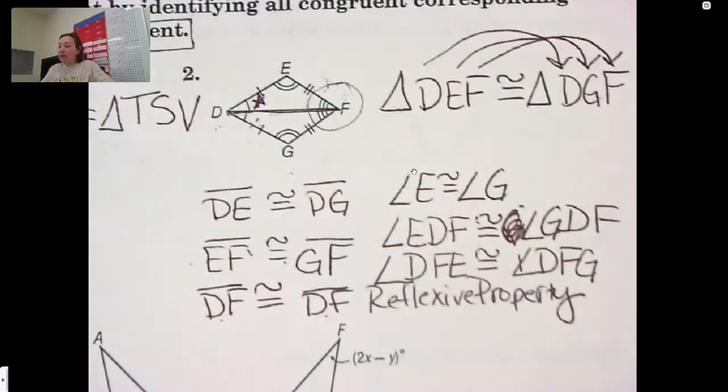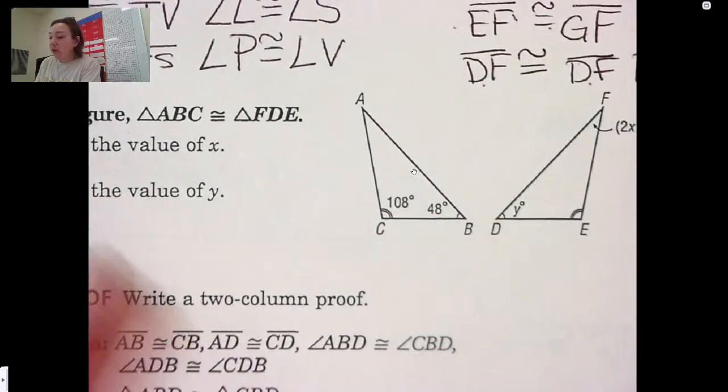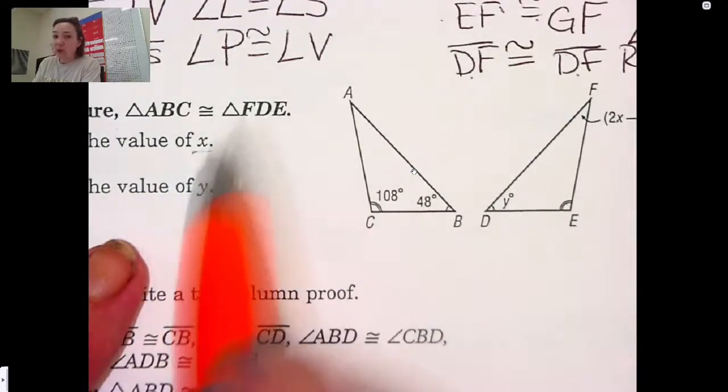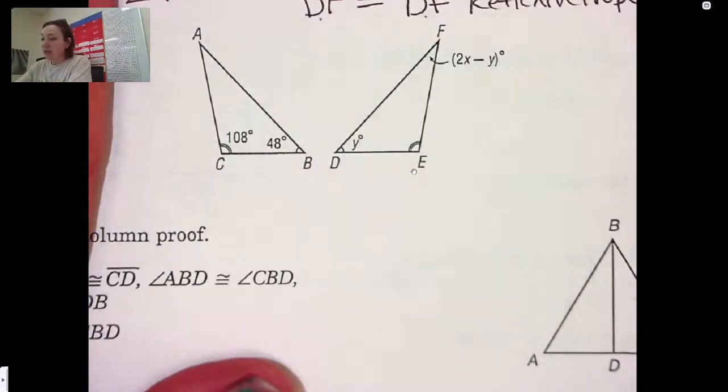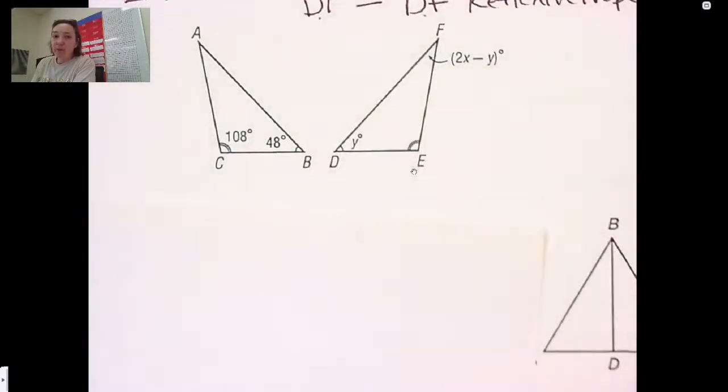Okay, so now we're going to take this concept of knowing that these triangles are congruent, and we're going to do a little math with it. So this problem right here, they're asking you to find X and Y. I'm just going to pull up a piece of paper so that I have enough room to write here.